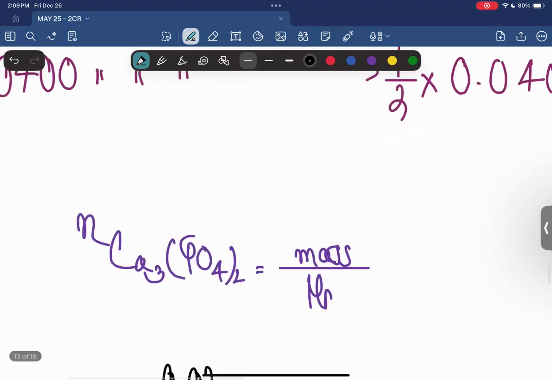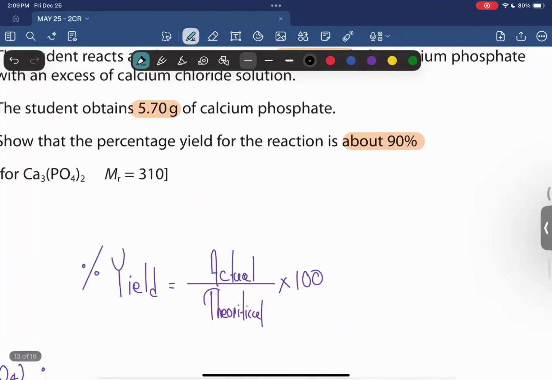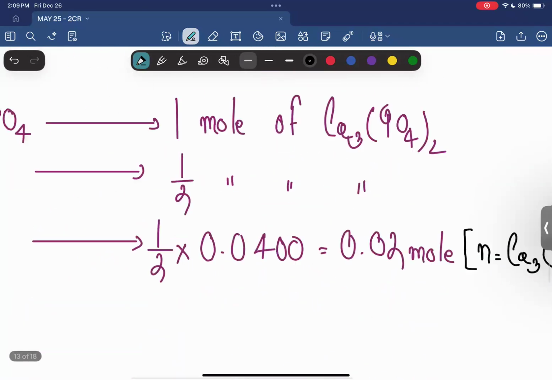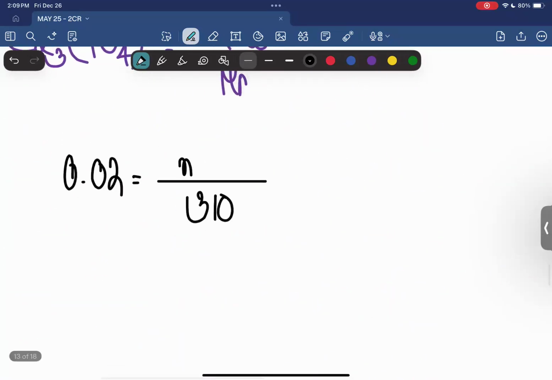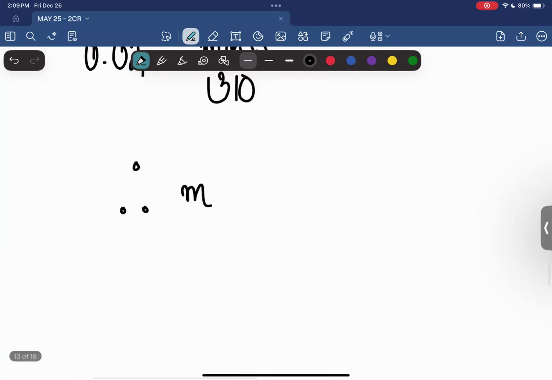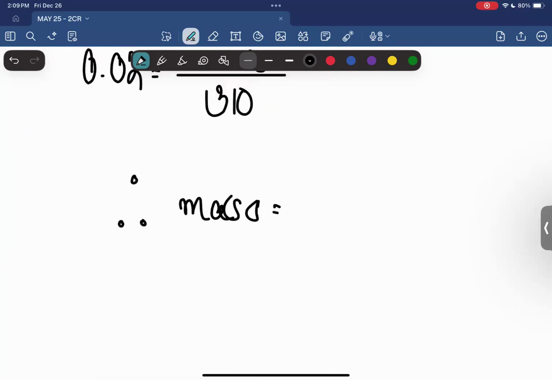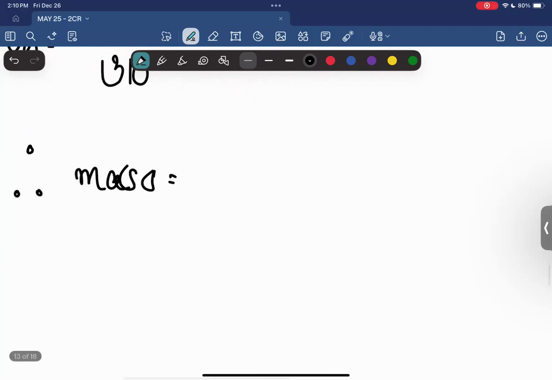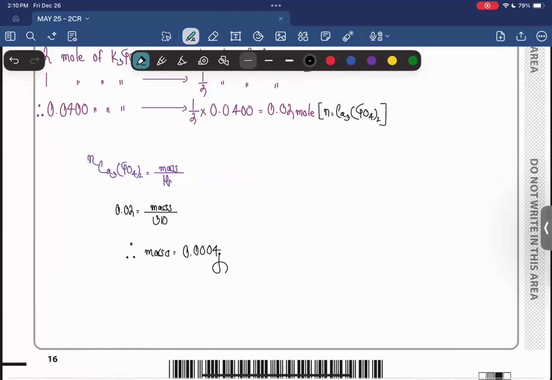You know the Mr that is given in the question, 310. You could easily figure out the mass from here, right? Therefore, the mass is 310 times 0.02. So the mass is 0.004 grams. Extremely small, 0.004 grams. Okay, this is the mass. This is the theoretical mass of it.